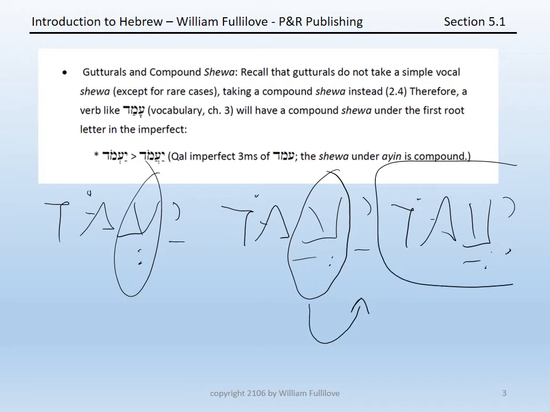Simply by the nature of speaking, it's much easier to keep your voice and your throat and all the instruments that our bodies use to make sound in approximately the same spot. It is much easier to say ya-amod, not y-amod. And for that reason, the A preference of a guttural will often even influence the preceding vowel, creating an A-class vowel through the beginning of the word in the imperfect.